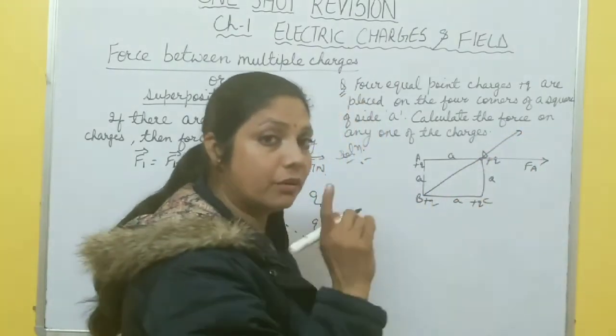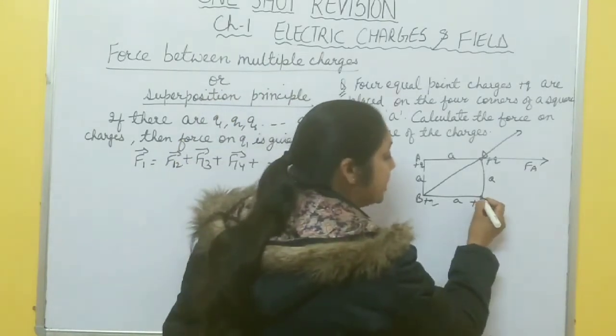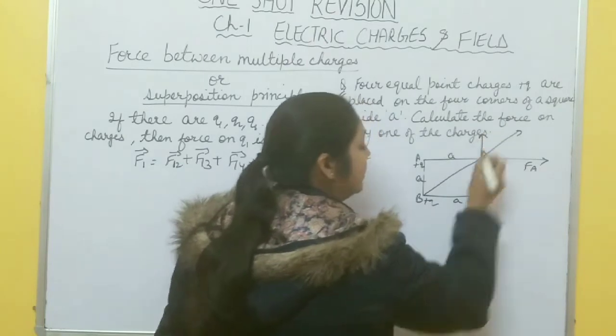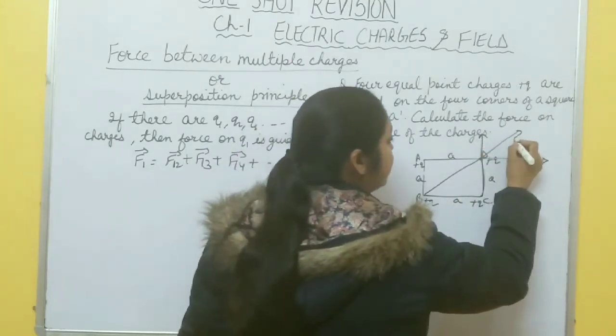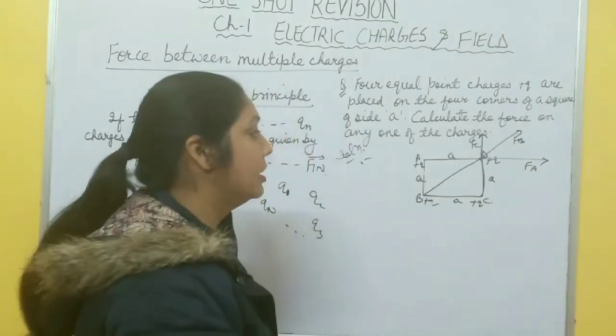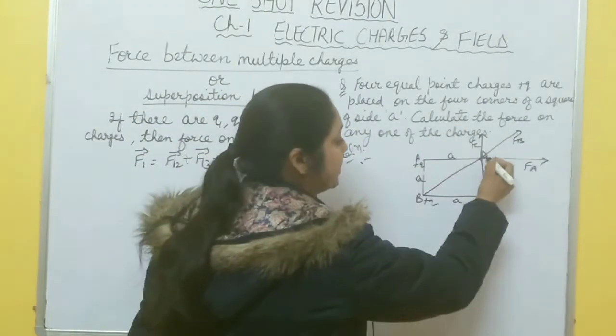The direction of force is always along the line joining the two charges, and due to the C charge also it experiences force in this direction. So there are 3 forces. This one is due to B and this one is due to C. All 3 are in different directions. Now you have to find the total force, the resultant force at this point D.